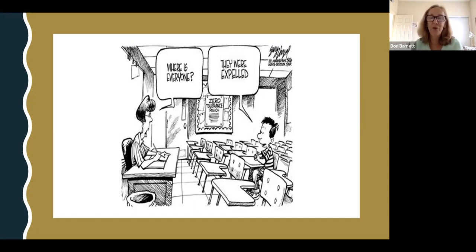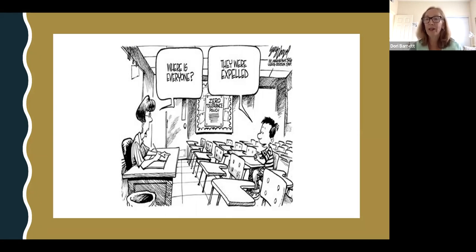That was computed by taking all of the incidences of suspension, which is considered an exclusive discipline because you're removing students from the classroom, and dividing that by the total number of students in the school. Some schools were as high as 25%.